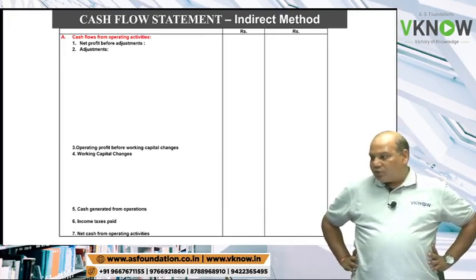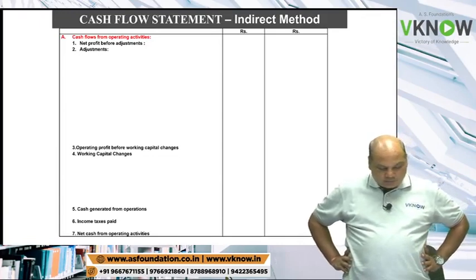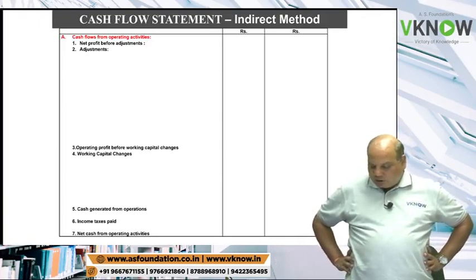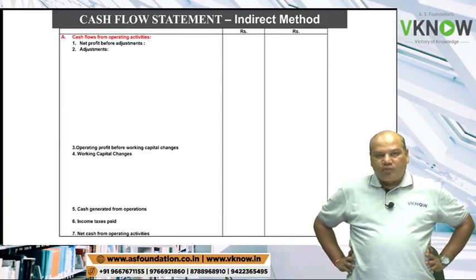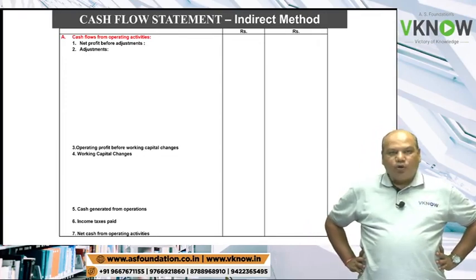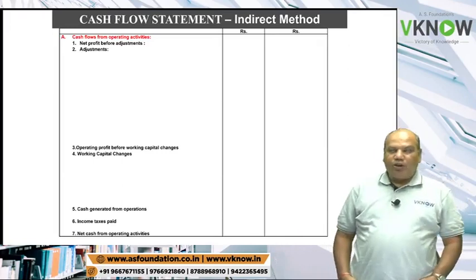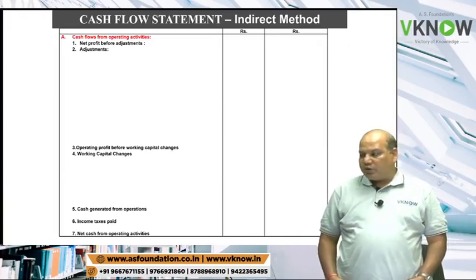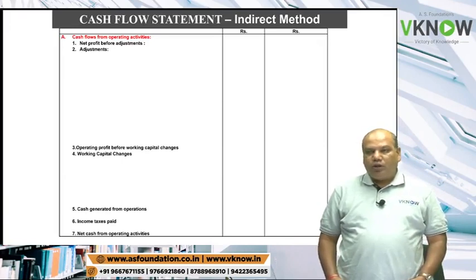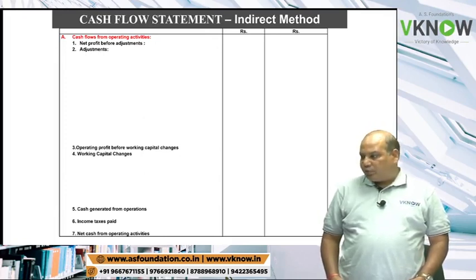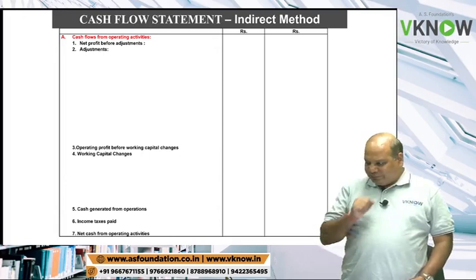Under that we have point number 1, net profit before adjustments. One line blank. Point number 2, adjustments.